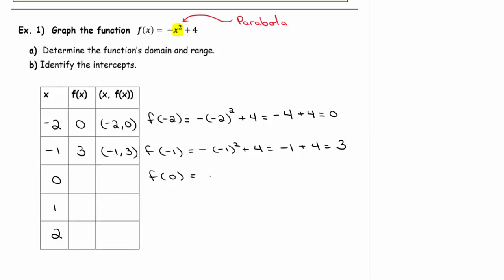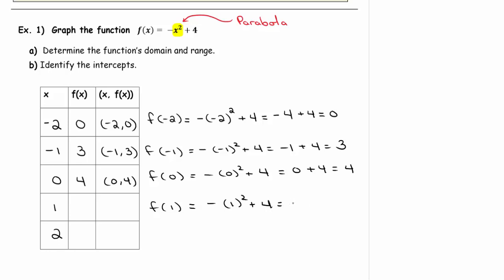I'm going to substitute 0 next. So this is just 0 plus 4, which is going to give me 4. I'm going to substitute 1. So this is going to give me -1 plus 4, which is 3.